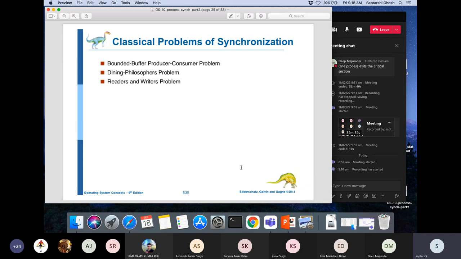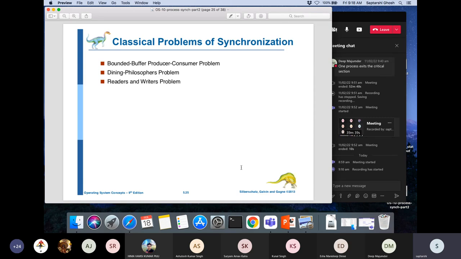Here we are of course not worried about the time taken to solve, but we are saying that if you are proposing a new synchronization mechanism, then that mechanism should at least be correctly applicable to these problems. That is why these are historically important problems which people have tried to solve.